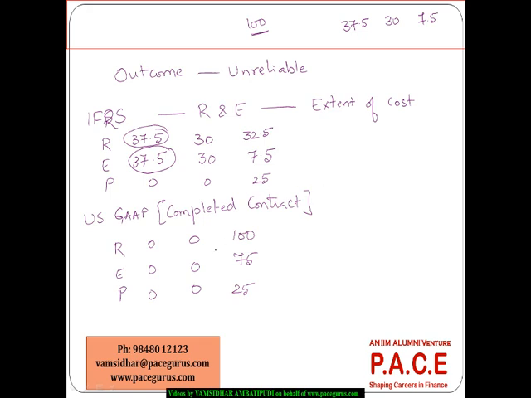So what we see is this approach is more and more conservative, right? Whether it is this approach or this approach, the completed contract method is more conservative because the profits are recognized at a much later point in time. Whereas under the percentage completion method, the profits are recognized much earlier.